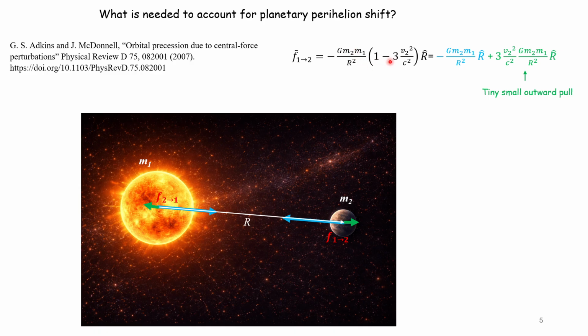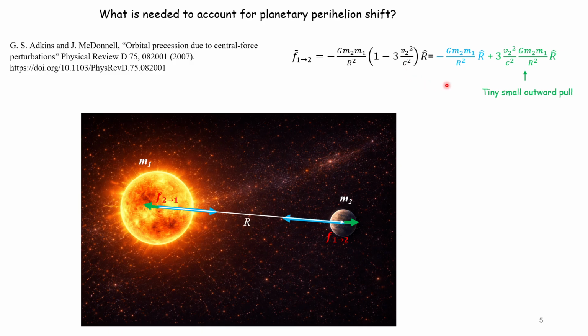They found the correction has to be this term here. So it's a v squared over c squared, so it's in our approximation scheme. And it's a tiny correction. The velocity of Mercury is not so high, so it's a very tiny correction.